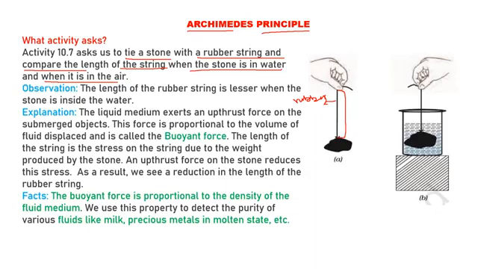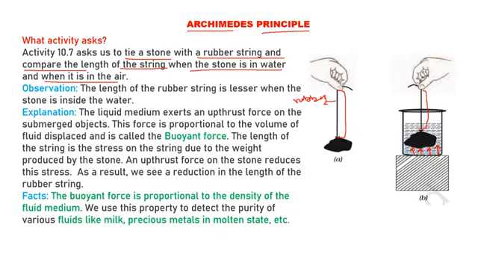And the explanation: the liquid medium exerts an upthrust force. Why is there a change in the length of the string? Because there is an upthrust force acting by water on the stone when it is immersed in water.